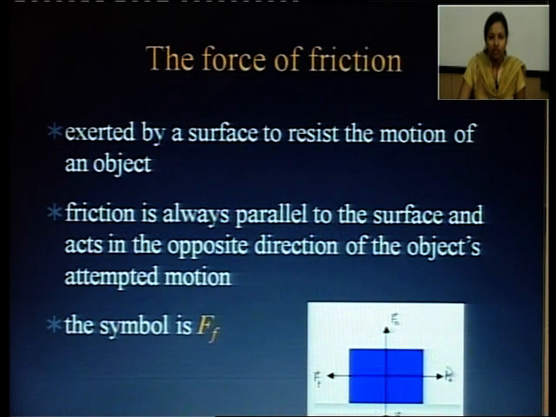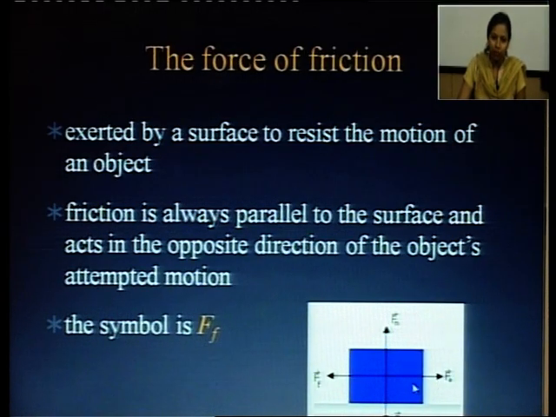Force of friction: if a body has mass m, then its weight Fw is vertically downward, and the normal reaction Fn exerted by the earth is in the upward direction. This is the direction in which the body is moving.